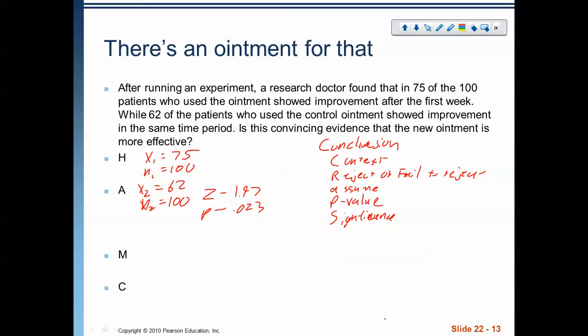So let's write a conclusion based on my p-value of 0.023.